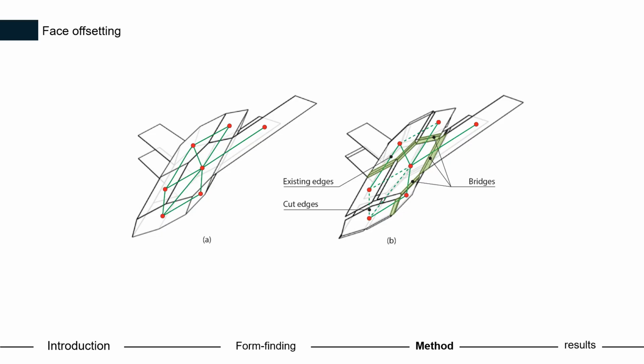These bridges preserve continuity and keep the component watertight, while the offset provides clean separation at cut lines. This step not only improves fabrication readiness but also ensures each segment is structurally coherent and easier to assemble later.